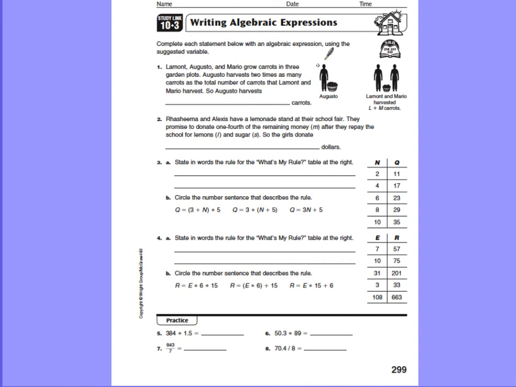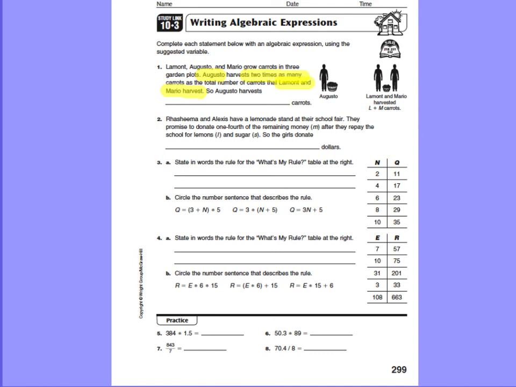So there's a lot of writing in here, and a good way to do it is to highlight important parts. We know we have Lamont, Augusto, and Mario, and they're growing carrots in a plot. Augusto has 2 times as many as the total number of carrots of Lamont and Mario.